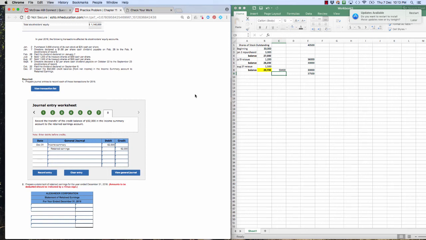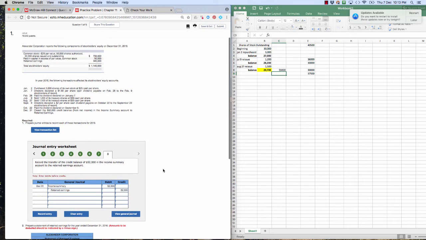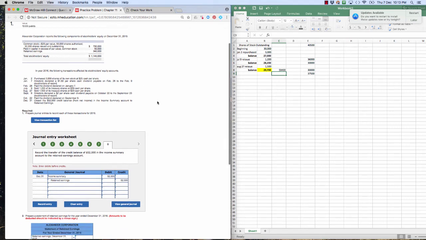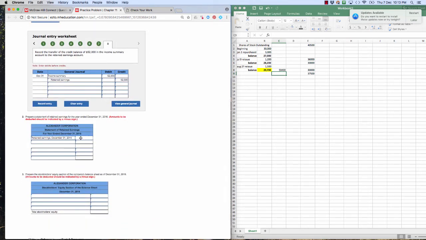Statements of retained earnings are really quite straightforward. They start with the balance that we had last year. So that's just going to be the retained earnings balance from the previous year. We get that up here from this section of the stockholders' equity on the balance sheet. There was $340,000 in retained earnings.